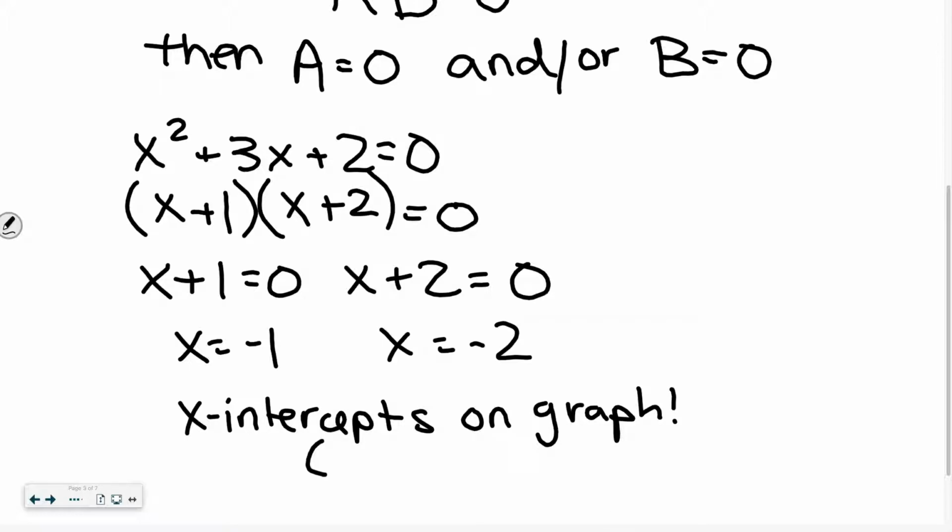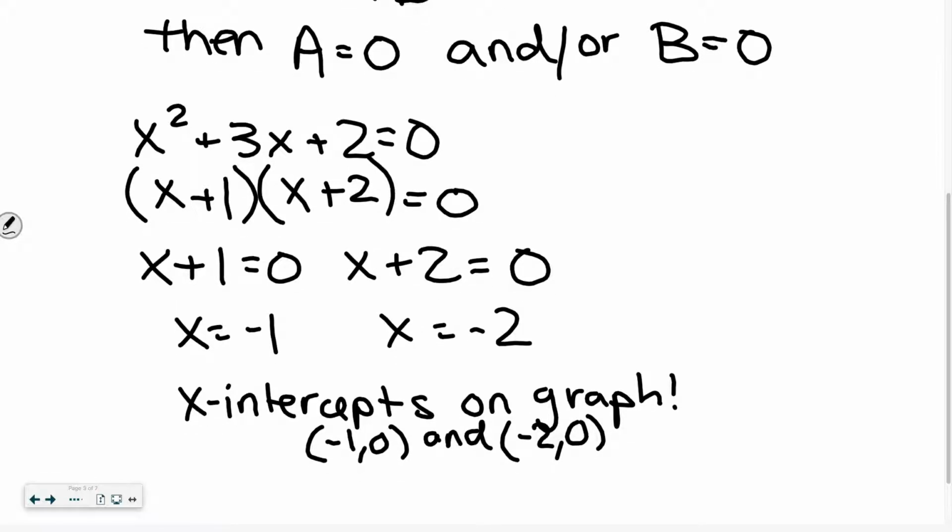So you have the x-intercepts at -1, 0 and -2, 0. Since intercepts are points, we would normally write them as ordered pairs, just FYI. But in the work that we're doing in this chapter, you're probably going to be saying x equals, because your goal is to solve for x, to find the missing x.